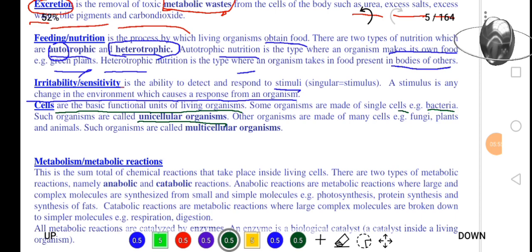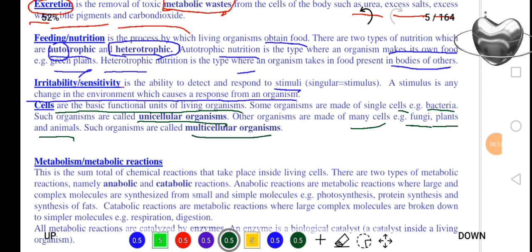Unicellular means one cell organism. Other organisms are made of many cells, such as fungi, plants, and animals. Such organisms are known as multicellular organisms because they are made of more than one cell. Multi means a lot.